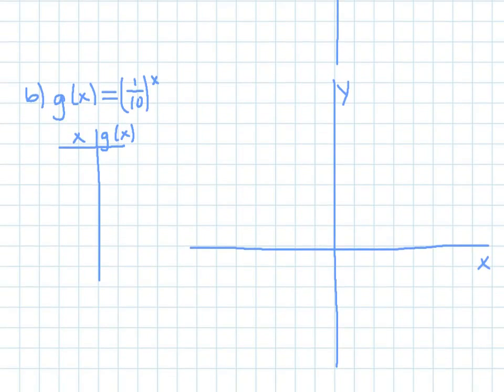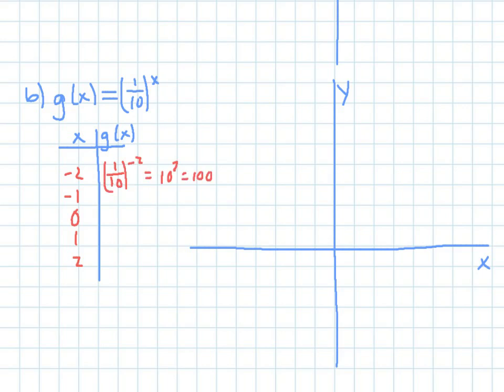So here's the flip. So if I have g of x is equal to 1/10 to the x power, so let's say those same numbers. So 1/10 to the negative second, that flips it to 10 to the second, which is 100.